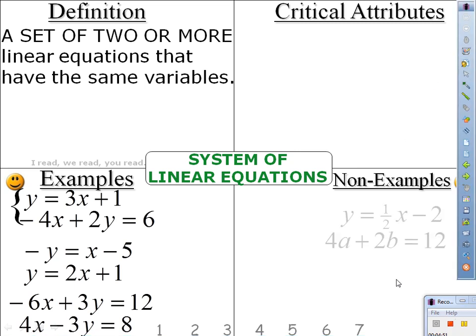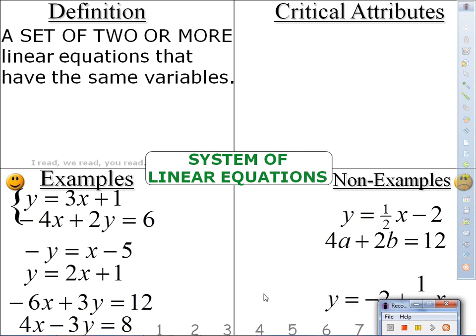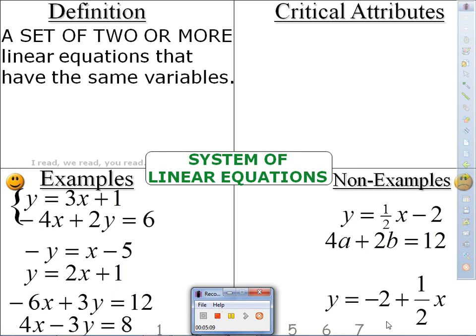Look at this one. Tell your neighbor why this one is not a system of linear equations. All right, it's obvious, right? How about this one? Why is this not a system? There's no second set. Okay, we got it? Yes? All right.